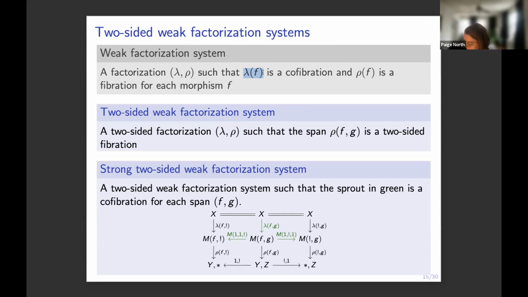Let me draw it over here. So lambda f is just a morphism. If we're asking whether it's a cofibration or not, we might be asking whether it's a cofibration rooted by the right-hand side of the factorization rho f. And strangely, it's always a cofibration. So that's why I'm not making that additional requirement here. But in order to make some nice things work out, we can ask that it's a cofibration rooted by these other maps here.